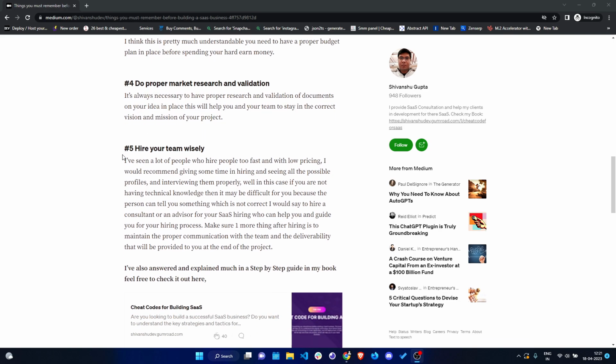The fifth point is hiring and maintaining a proper communication channel between your teams. You may have a development team, a sales team, an HR team, or a co-founder, or your friend may be the one with you. You need to have proper communication and proper documents maintained among them. You should not leave all the development to the team or to a specific person.